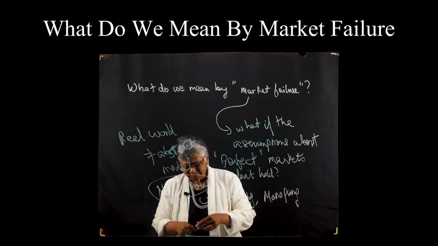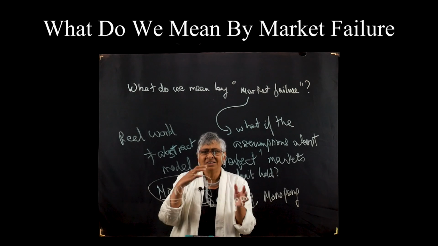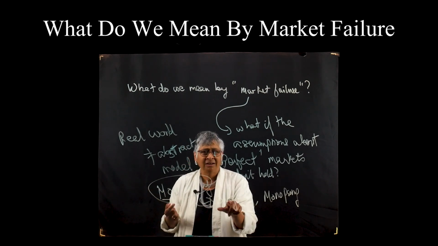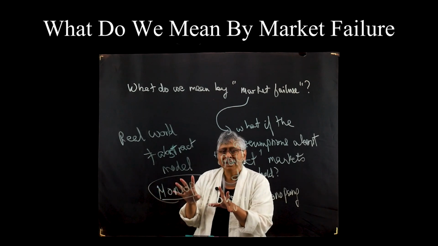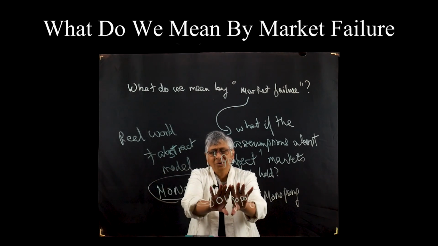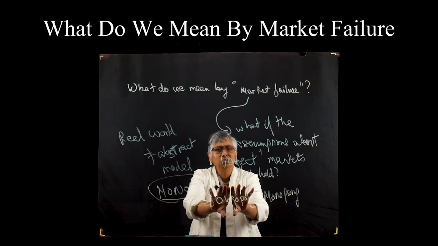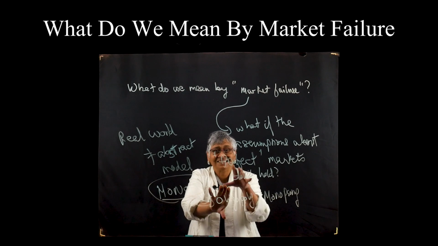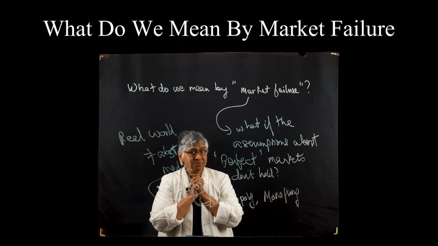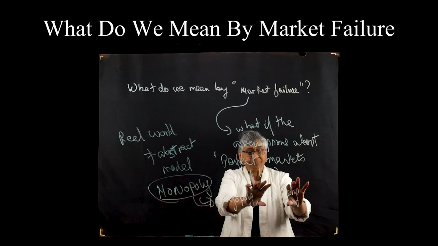So there are very many ways in which, on the supply side from firms, you have monopoly, where you only have one seller, or you have a very small group that control the market as a cartel, such as OPEC, that's oligopoly. Or sometimes monopsony.